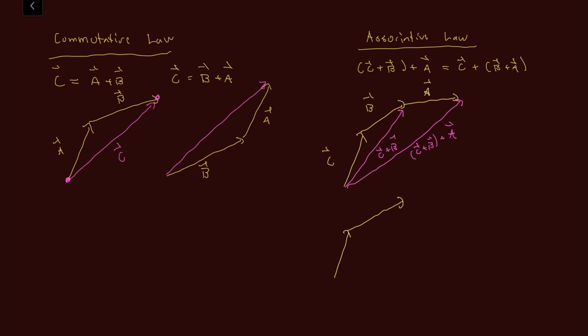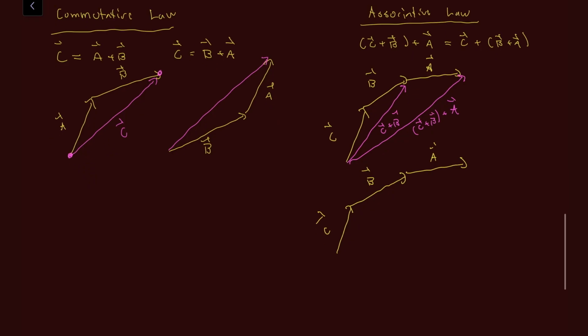Now let's prove the right-hand side. And of course, guys, my diagrams won't be exactly the same, but I think it'll be close enough to where we can understand the message.